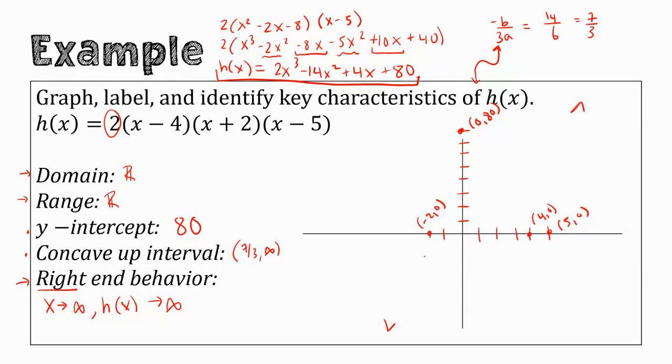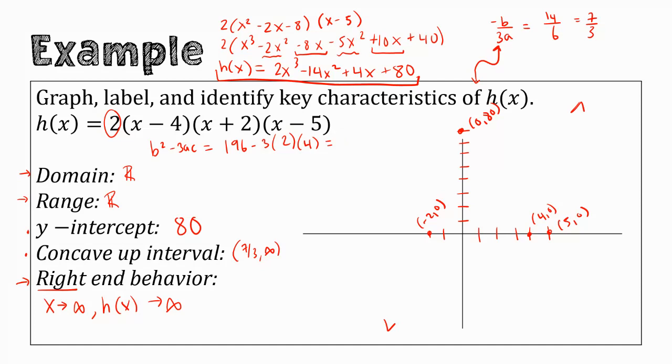I can probably tell the way I need to sketch this, because these all have a multiplicity of 1, odd multiplicity, that it's going to have 2 extrema. But let's show that algebraically with b squared minus 3ac. So b squared, I believe 14 squared is 196, minus 3 times 2 times 4. So that's minus 24.